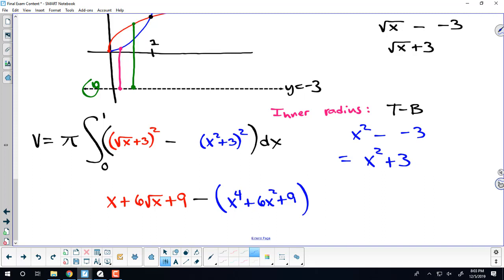But you should still have some stuff canceling out. The 9s will cancel out. Yeah, and so that's what happens when you change the axis of revolution if it's not the x or the y axis. You'll always have an additional number in there with your radius with the disk and washer method.